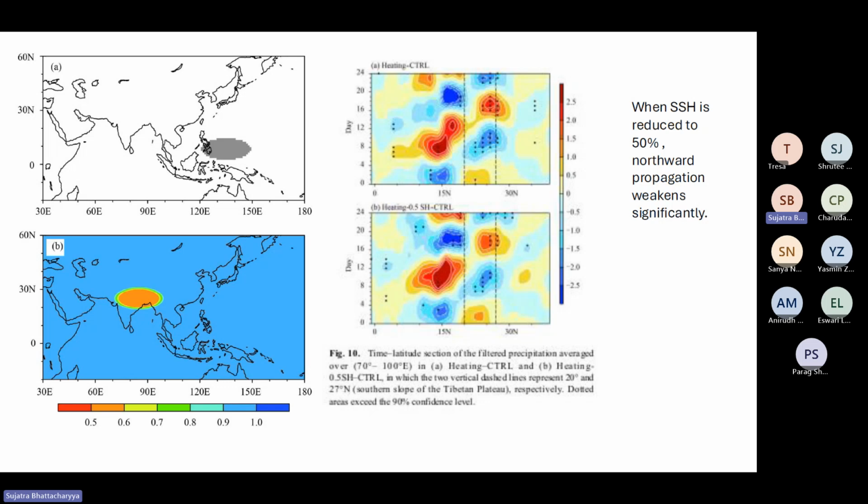Now we can clearly see, with just heating, the northward propagation; this vertical line shows the region between 20 degrees and 27 degrees north. And when the sensible heating is reduced to 0.5, the northward propagation weakens. So they show that this sensible heating drives the propagation above 20 degrees north.